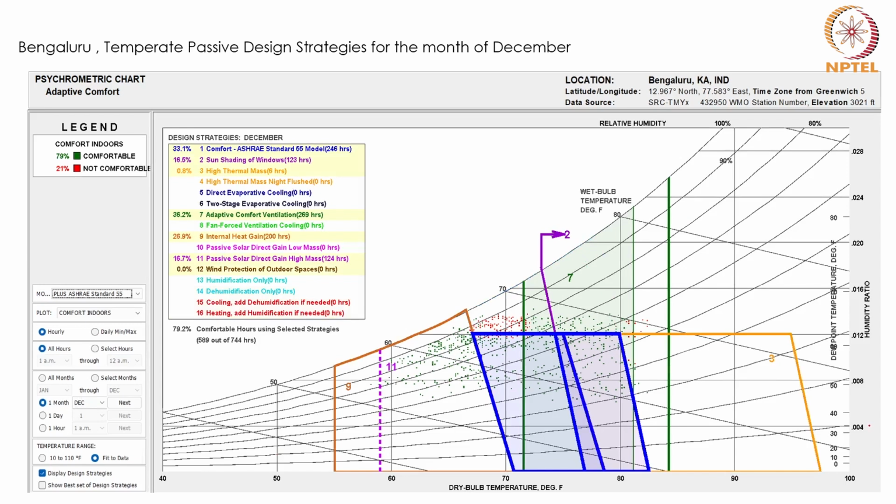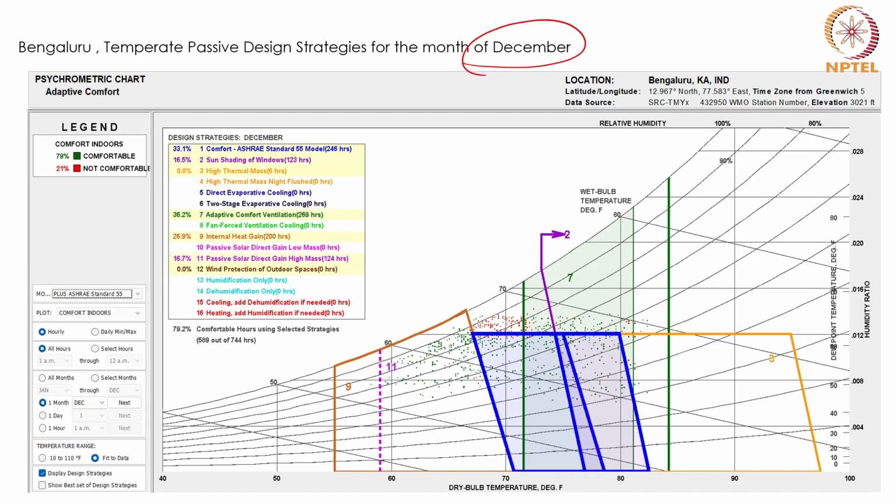Now let us see what strategies must be used for Bengaluru in order to have maximum comfort through passive means for the month of December.